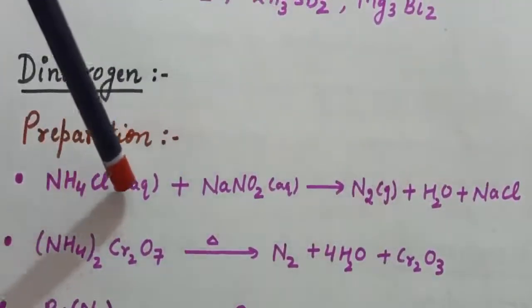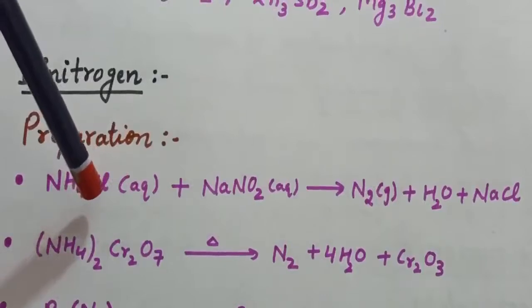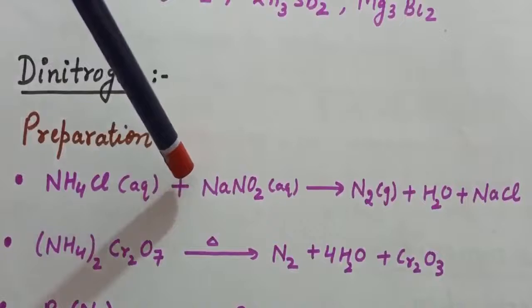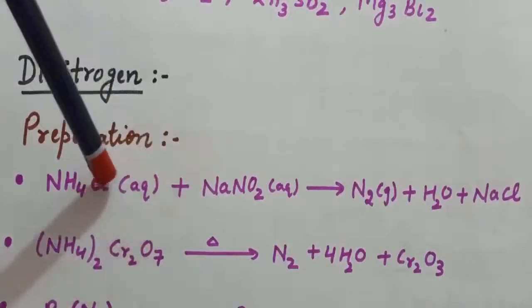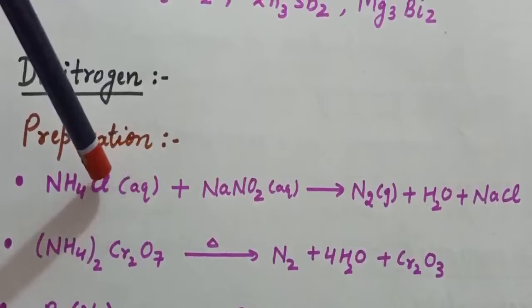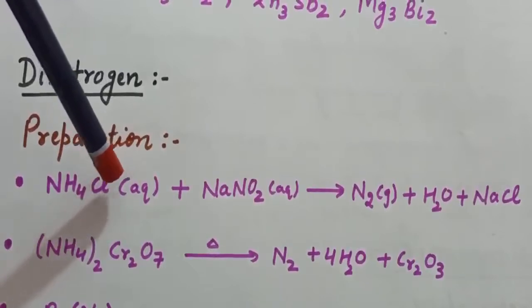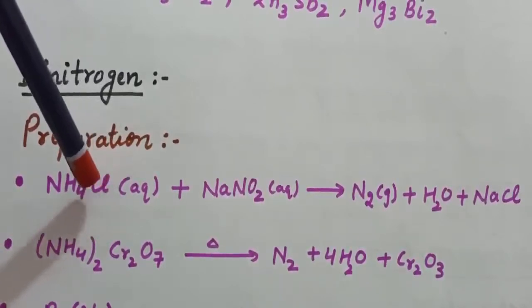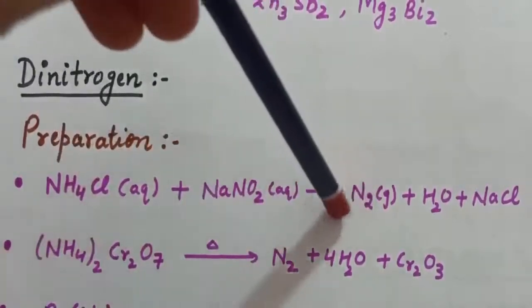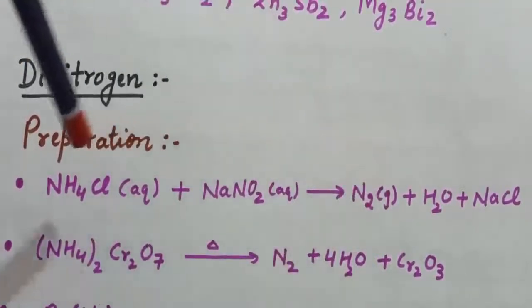Now in this reaction, small amounts of NO and HNO3, that is nitric acid, are also formed, and these impurities can be removed by passing the gas through aqueous solution of sulfuric acid containing potassium dichromate. With this method we can remove the impurities and we will get our dinitrogen.